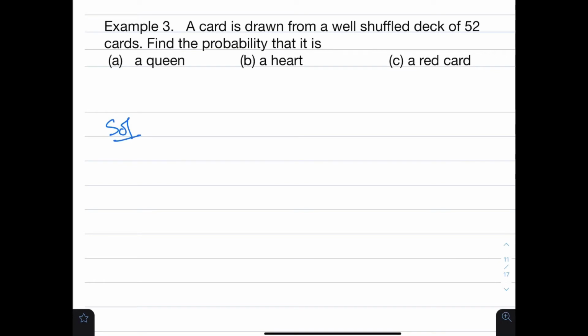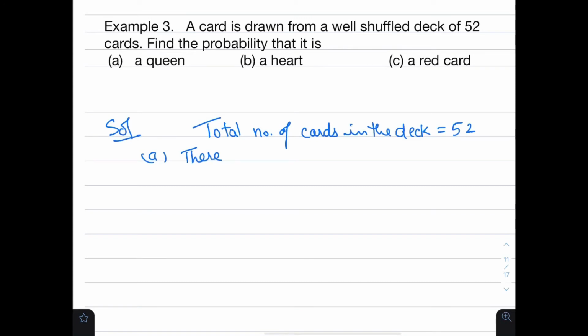So we know the total number of cards in the deck is 52. In our first case, a queen, there are 4 queens in the deck.